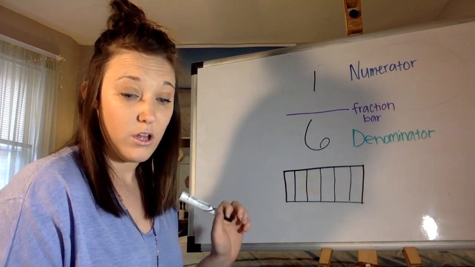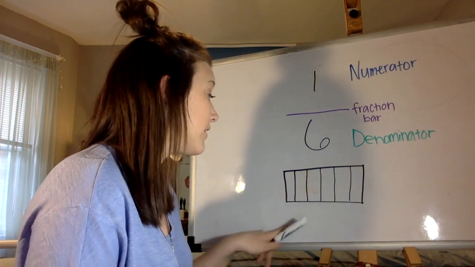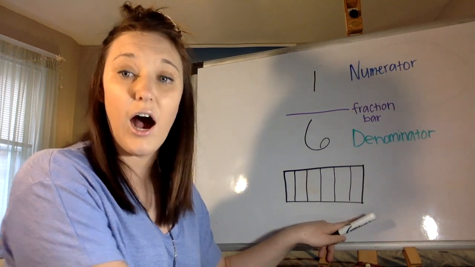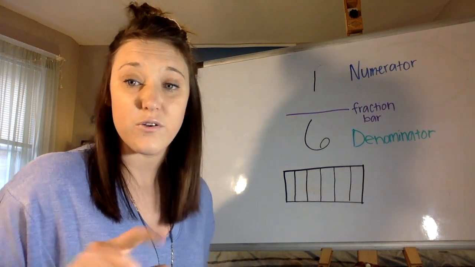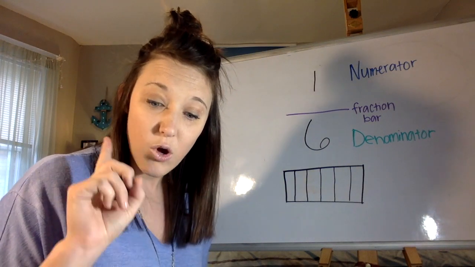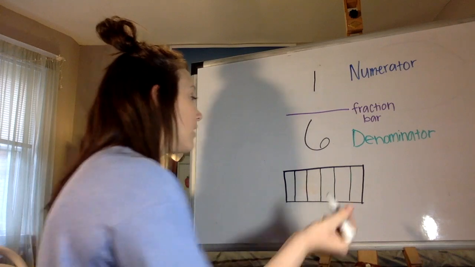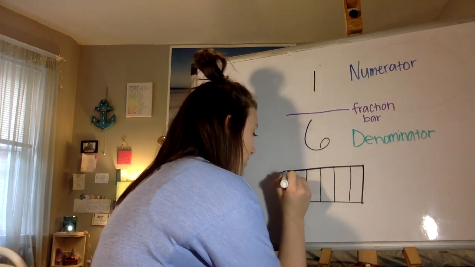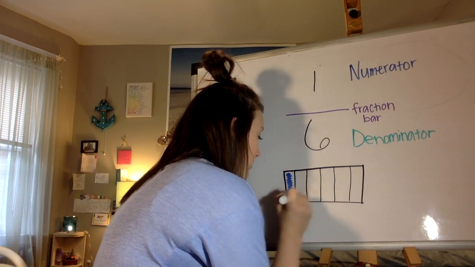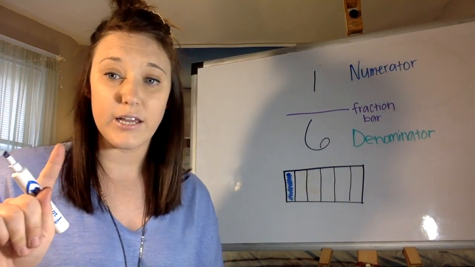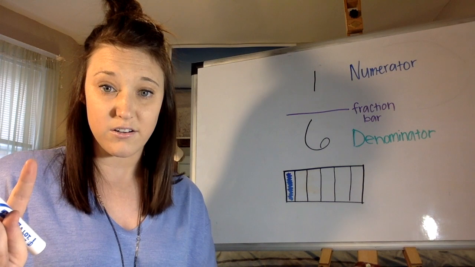My whole is this rectangle right here with 6 equal shares. I only want to focus on one equal part that I'm going to count, so I'm going to do this one. The one equal part that I am talking about is my numerator.